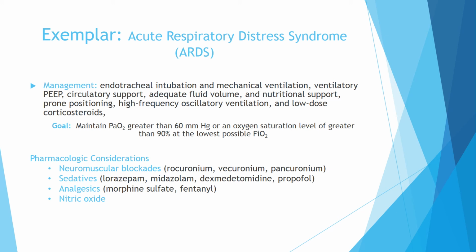That's why these medications are oftentimes given hand in hand together. If they're getting a paralytic, they're going to be on a sedative, and they could be receiving an analgesic as well. But the big thing to take away is that neuromuscular blockades are used to help increase the compliance of the lungs, meaning make it easier to ventilate the patient.